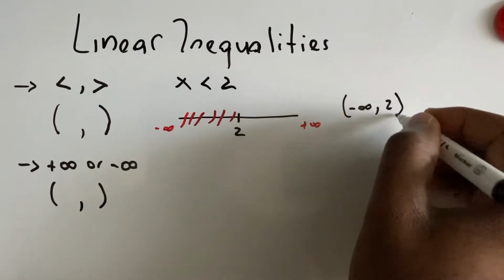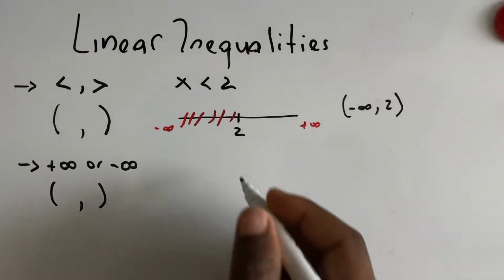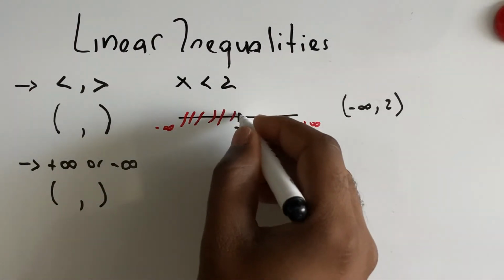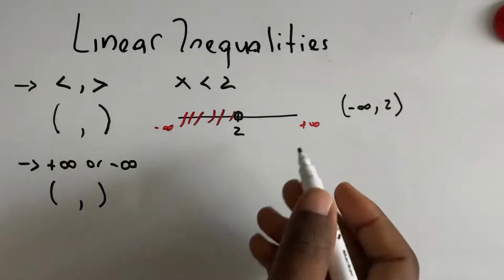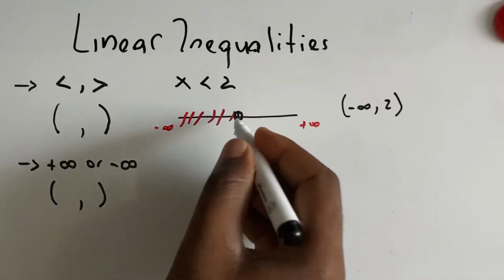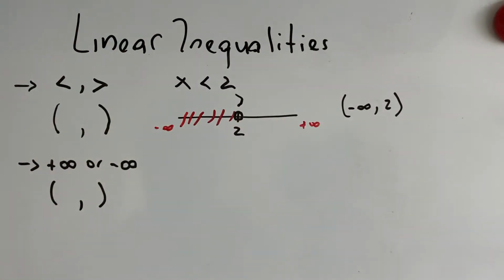And you have to use parentheses on negative infinity, okay? And also on 2, because on 2 here, remember it's less than and it's not equal. So it's an open circle, or you could just say you use parentheses. Either you put an open circle here or you put parentheses. It's fine either way. Okay, so you have to understand those.